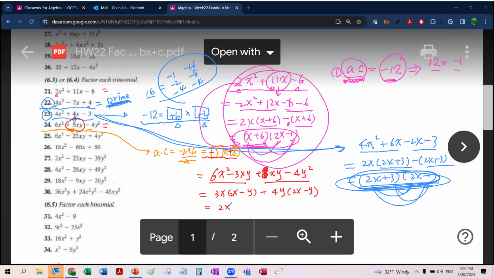So it became 2x minus y put in front, and 3x plus 4y. Double check it: 6x squared, positive 5xy, negative 4y squared. Okay, so it's right here. It's a little bit complex, but not so bad a challenge.